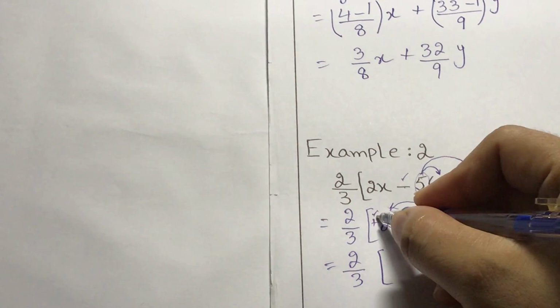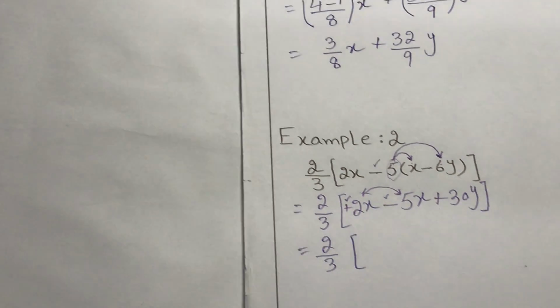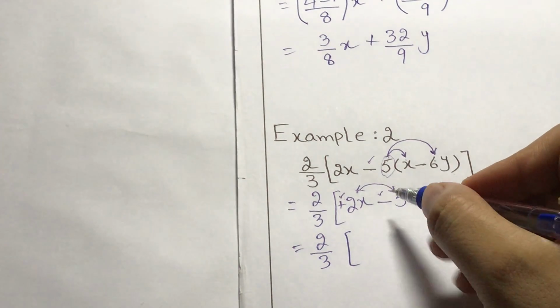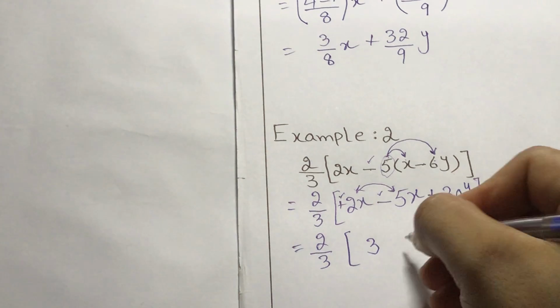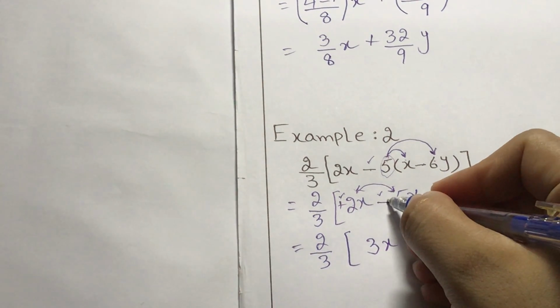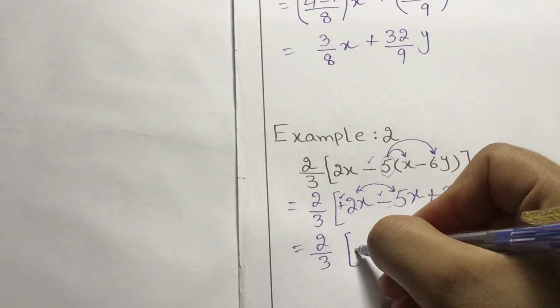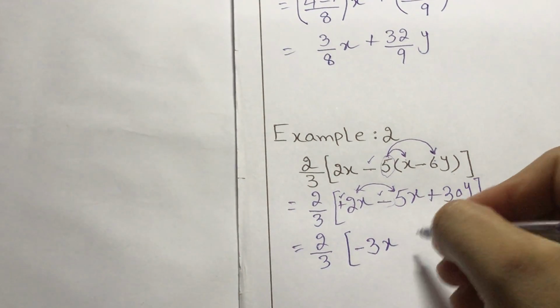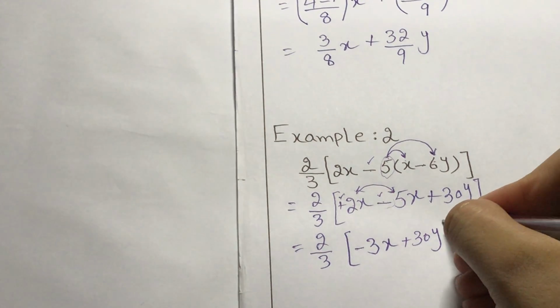When you have two different signs, you have to subtract, by the rules of the integers. So 5 minus 2 is 3. Keep your variable and always keep the sign of the greater number. 5 is the greater number, so your answer will be negative, plus 30y as it is, right?